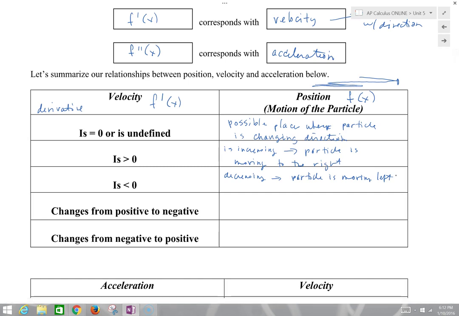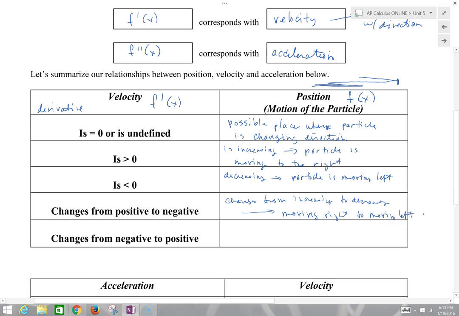When it changes from positive to negative, changes from increasing to decreasing, which means it goes from moving right to moving left.